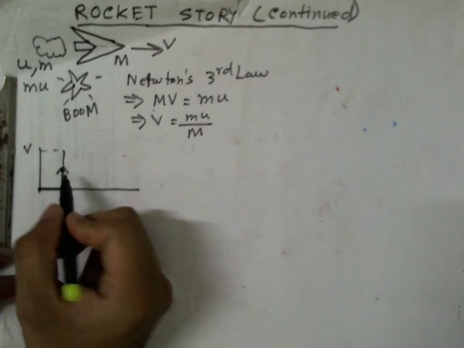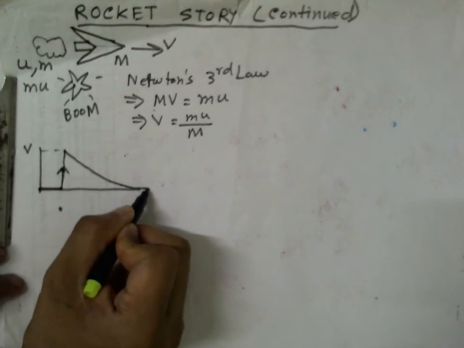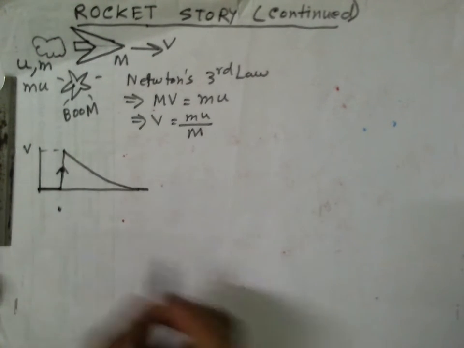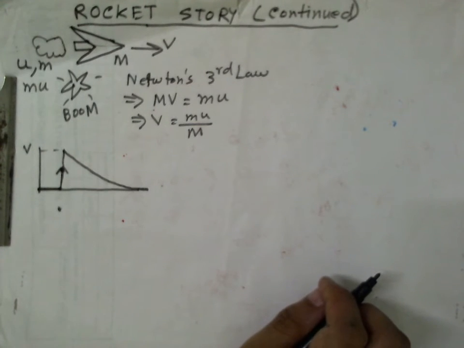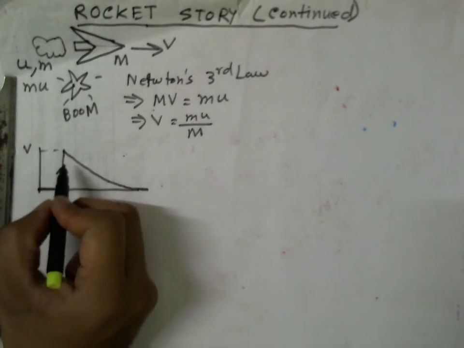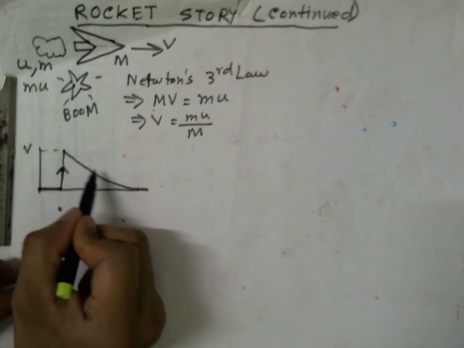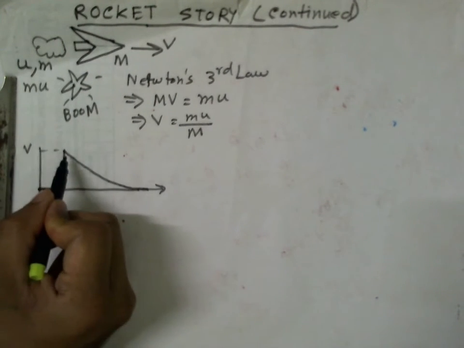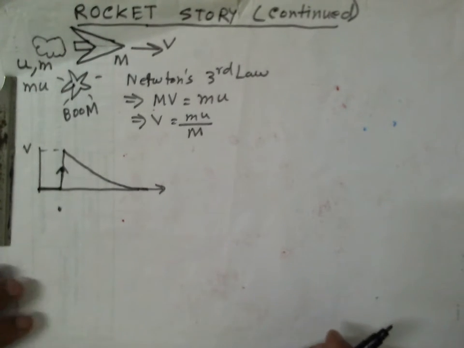And after this, the velocity decays exponentially. We said it decays exponentially because of air friction, which tries to oppose the motion of any object moving through the air, and therefore the velocity decreases. This is how the velocity as a function of time looks. It drops slowly, asymptotically, to 0.